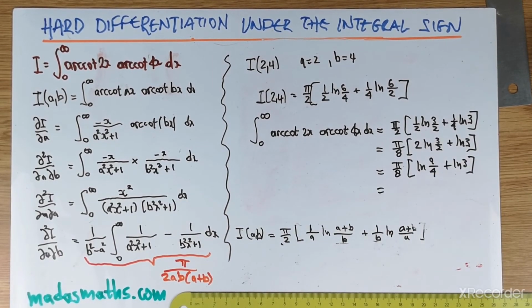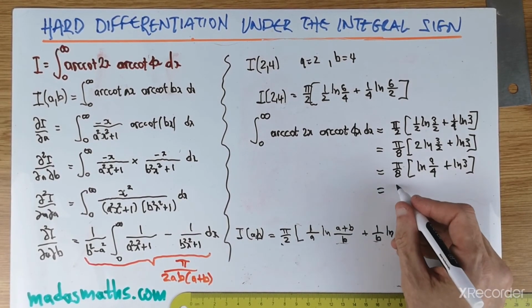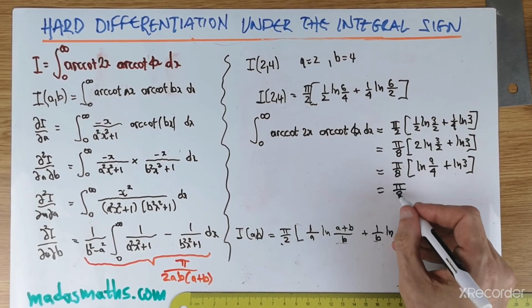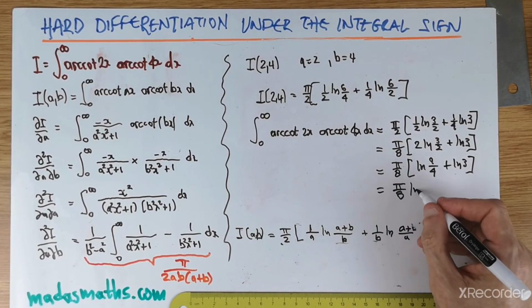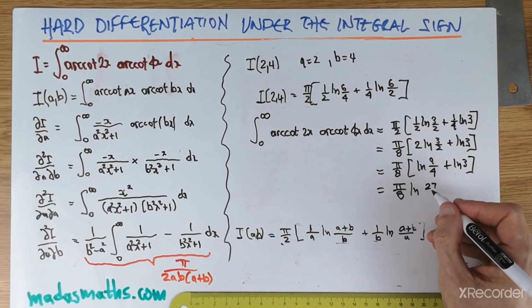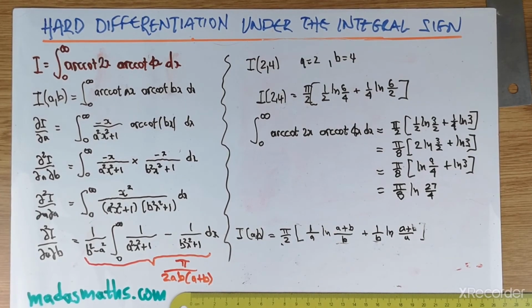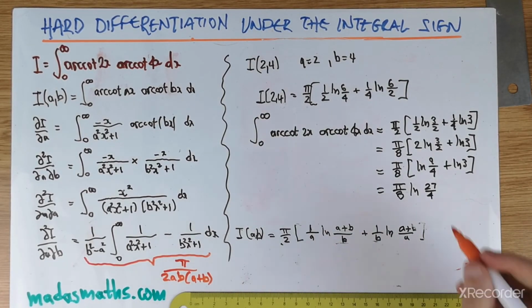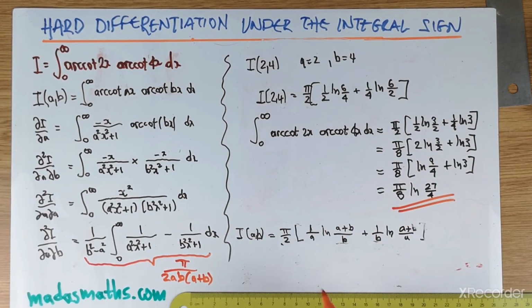And I hope I've done it correctly. I can't remember the exact answer, with pi's, logs, and there was a 27, but I think it looks about right. Log 27, I remember. I hope I'm not wrong with these 4s and 8s and haven't done something stupid. And therefore, that's my final answer.